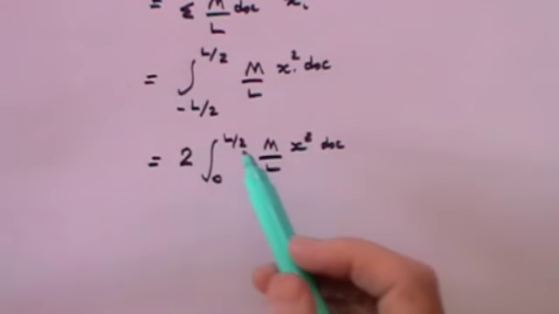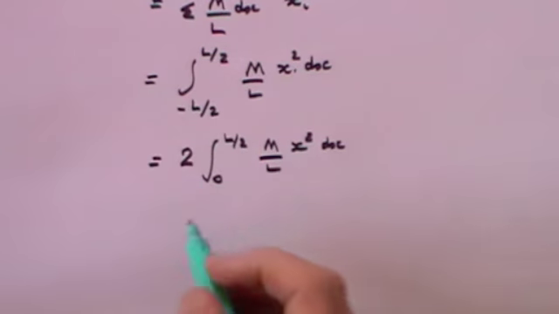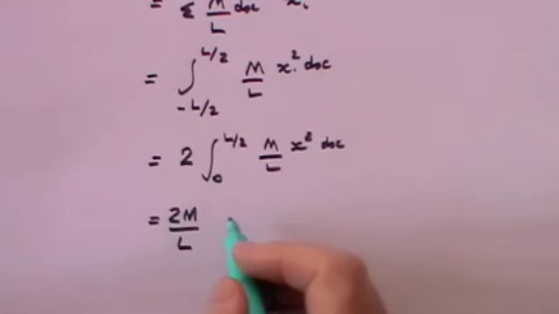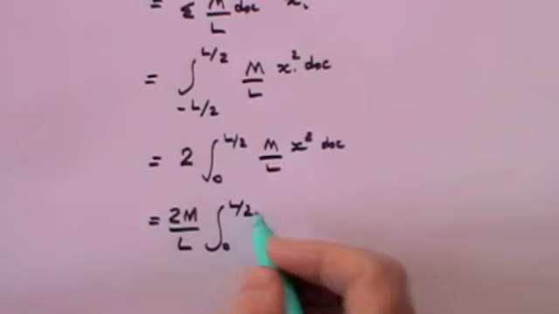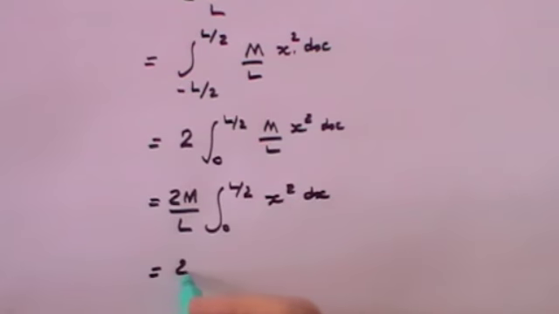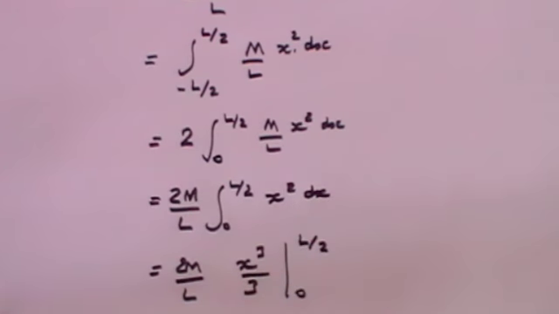Once again, I can take the m over L outside because those are constant. So now we get 2m over L times the integral from 0 to L over 2 of x squared dx. And that's equal to 2m over L. The integral of x squared is x cubed over 3. And that is evaluated between 0 and L over 2.